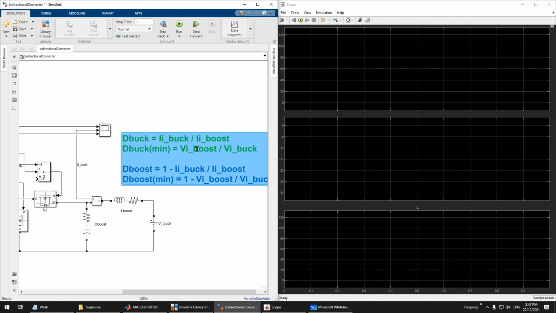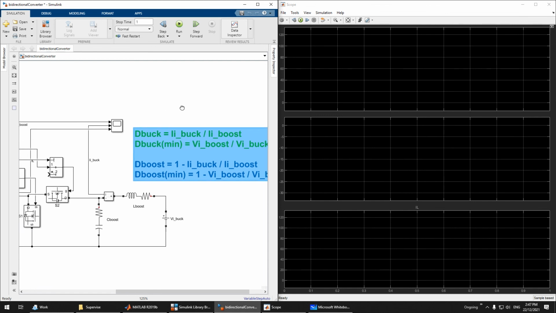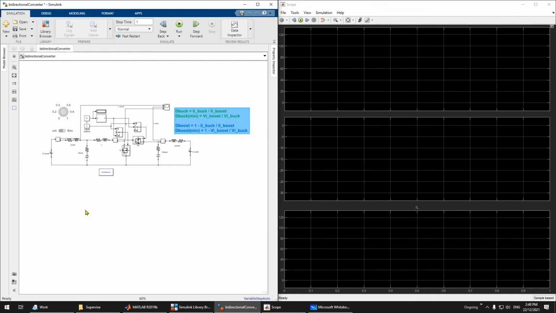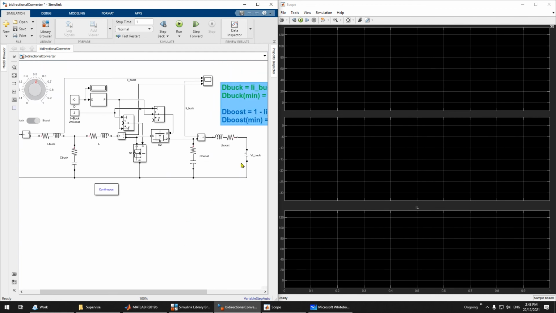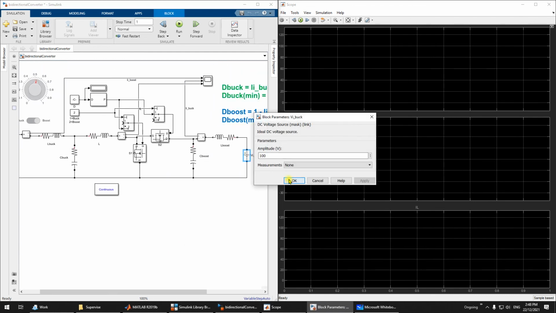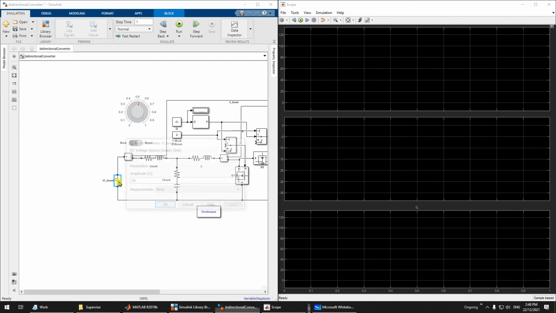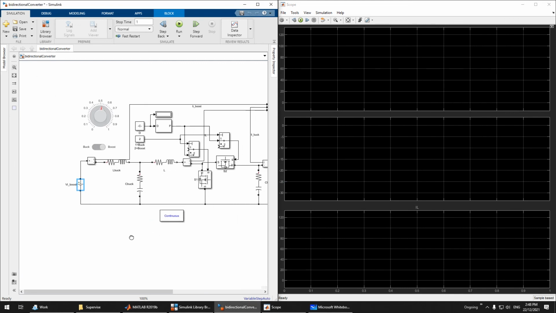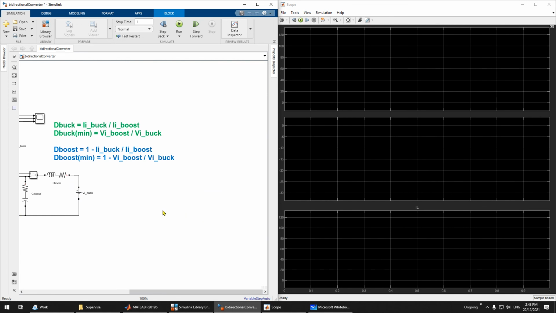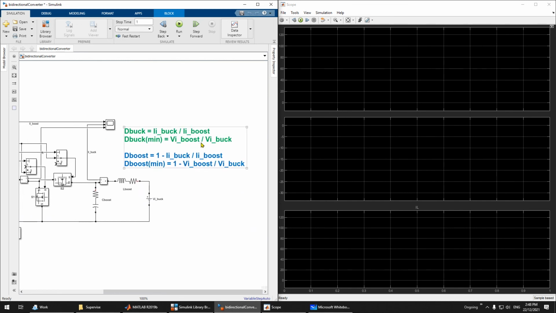You can see here the relationship between boost and buck is 1 minus. So you choose the input voltage and output voltage much larger. So this is 100 and this is 50, which means that D min is 0.5, and boost also 0.5. 1 minus V boost minus V1.